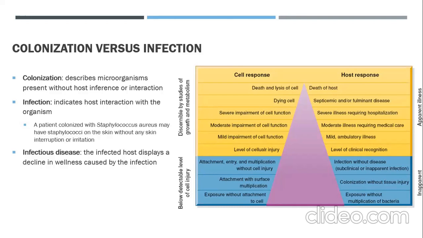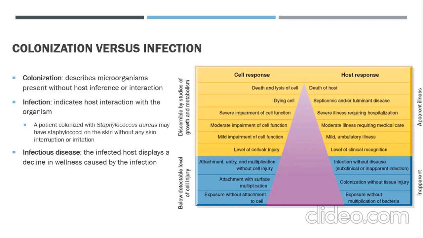At this point, it's just there. It's not doing any damage. They just happen to be colonized with whatever, E. coli. Same with MRSA. I'm pretty positive a lot of people working in healthcare, the more contact you have with these patients, I mean, it would be safe to say I probably am colonized with MRSA.